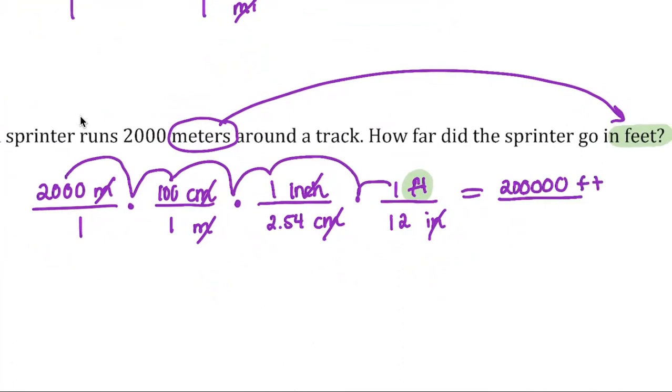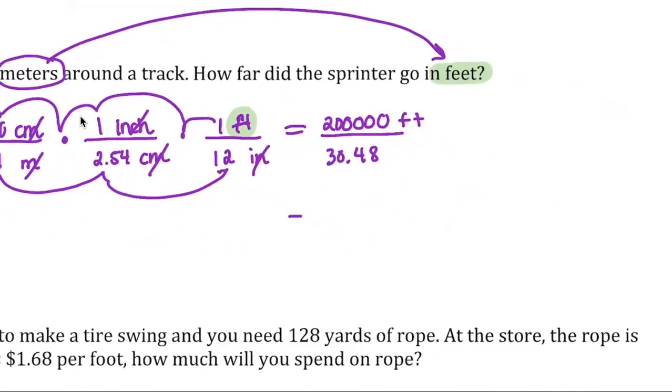On the bottom, all of my units canceled, but I'm still going to take 1 times 1 times 2.54 times 12, and that's going to leave me with 30.48. All right. And my final answer, once I go about dividing this, we're going to take 200,000 divided by 30.48, and that's going to leave us with 6,561.68 feet. Sorry, guys.